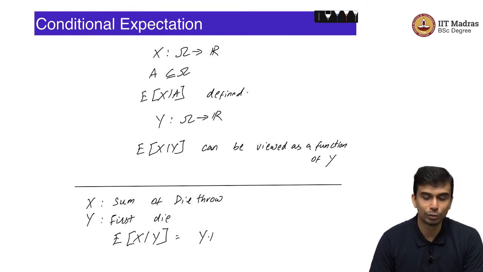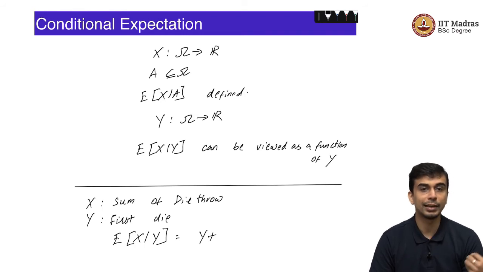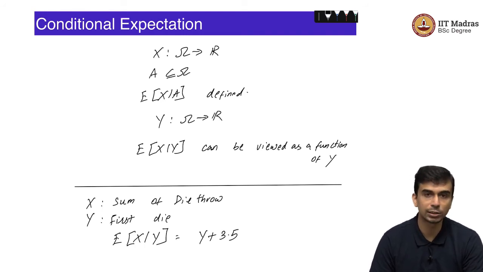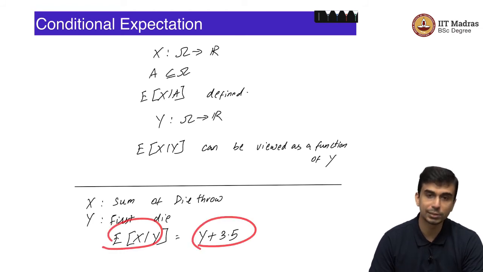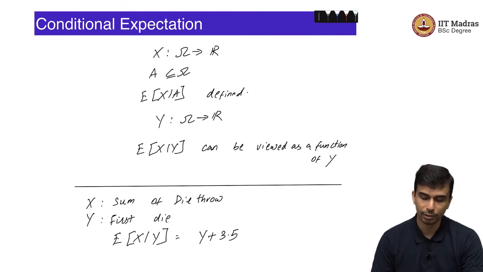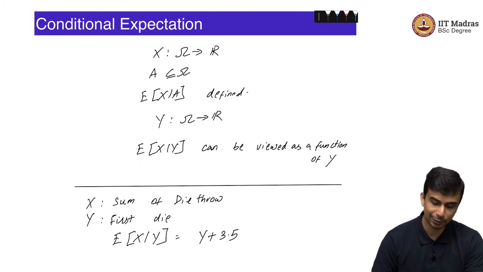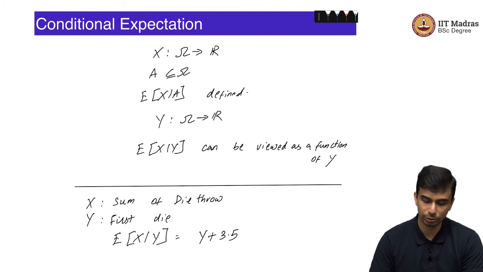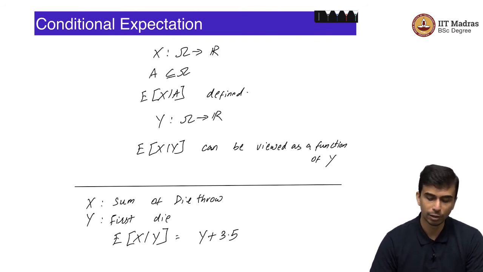In this case, you are taking the first die throw as a constant. So, that means that expected value of X given Y is exactly equal to y plus the expected value of the second die throw, which you know happens to be 3.5. You can see that expected value of X given Y is a function of y. So, this is still a random variable, but it is a function of Y, that is the key thing to note here.